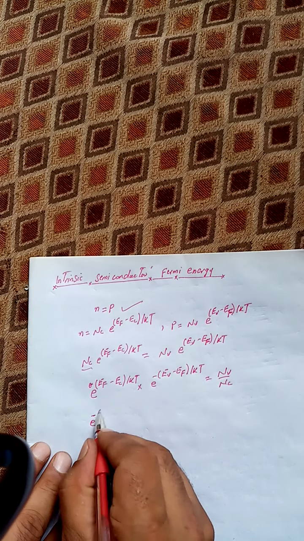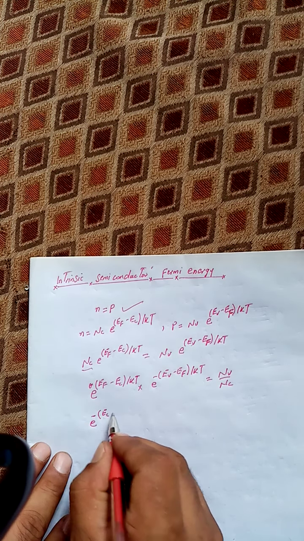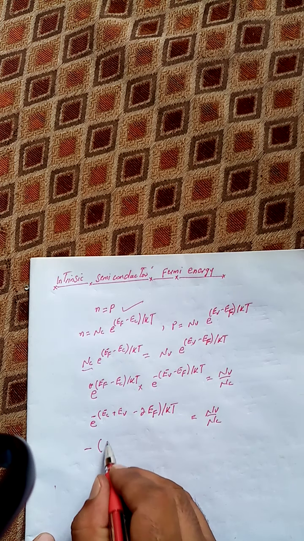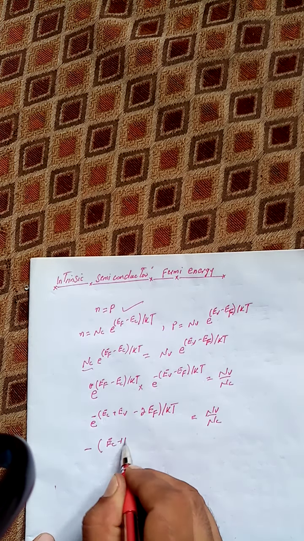Exponential of EC plus EV minus 2EF over kT is equal to NV over NC. If we take the natural log of both sides, then the natural log will cancel with the exponential factor. So we are left with EC plus EV minus 2EF over kT, which is equal to natural log of NV over NC.